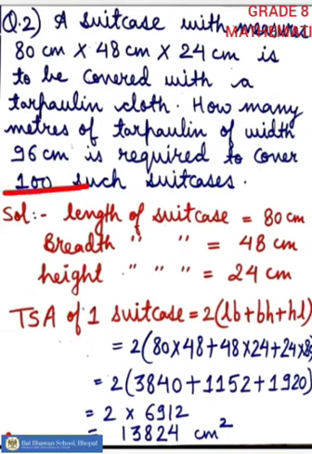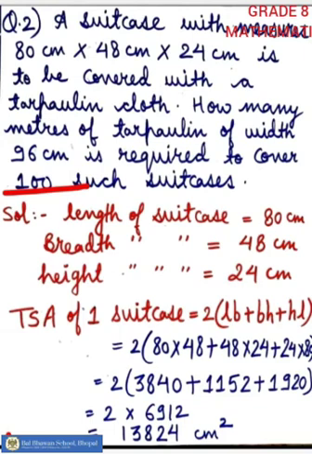Now what do we have to calculate? We have to calculate how many meters of tarpaulin of width 96 centimeter is required. So before calculating the total meters of tarpaulin cloth required, first I need to calculate the total surface area of a suitcase.